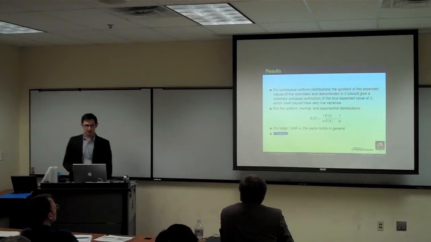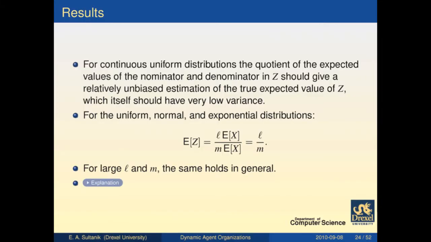And to summarize, what this eventually leads to is that for continuous uniform distributions, that quotient is a relatively unbiased estimation of the true expected value of Z.